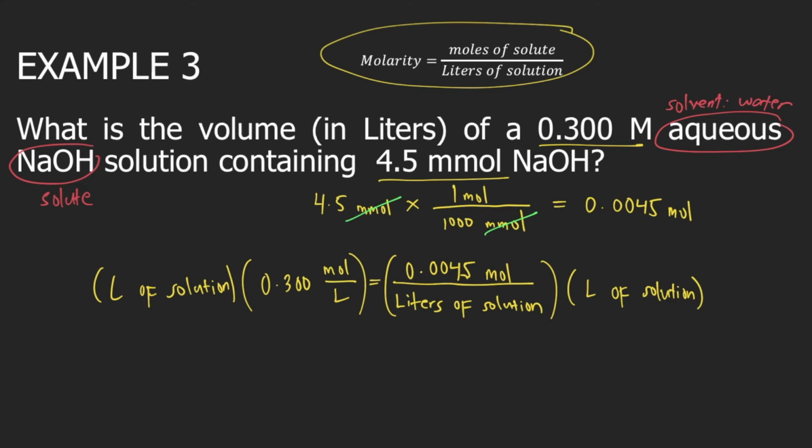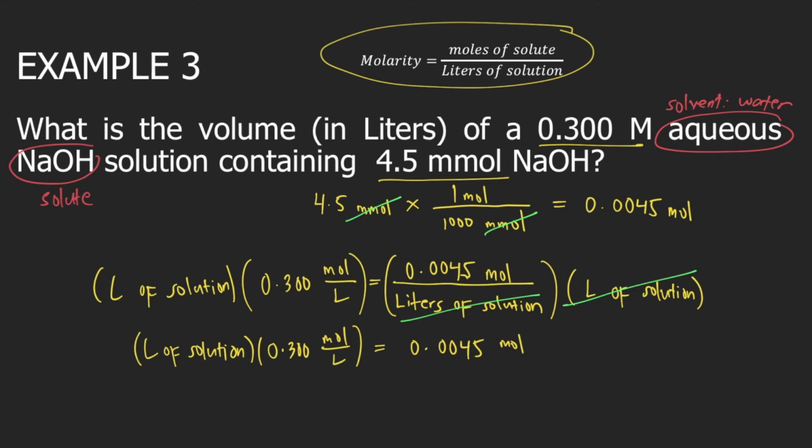So liters of solution will cancel on the right side, and what remains on the right side is 0.0045 moles. And on the left side, you have liters of solution times 0.300 moles per liter.